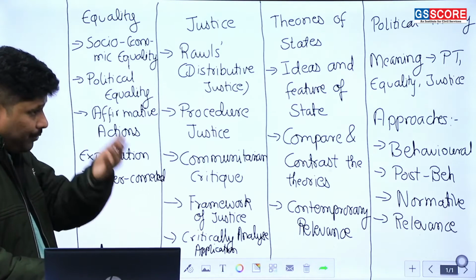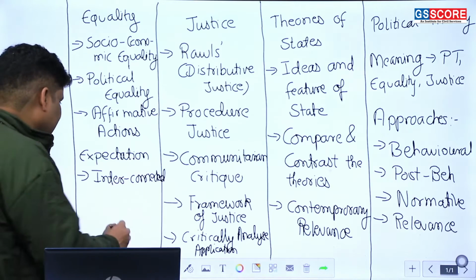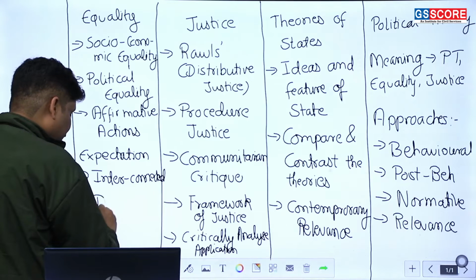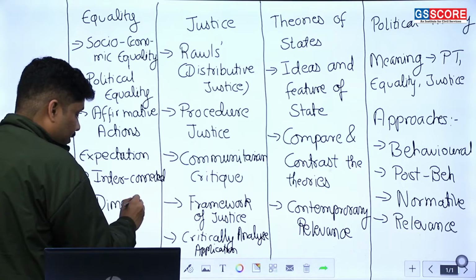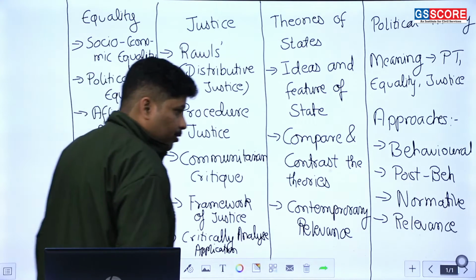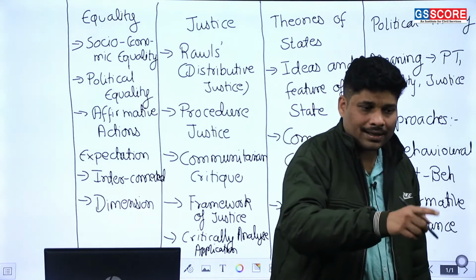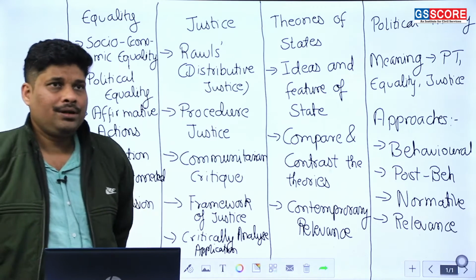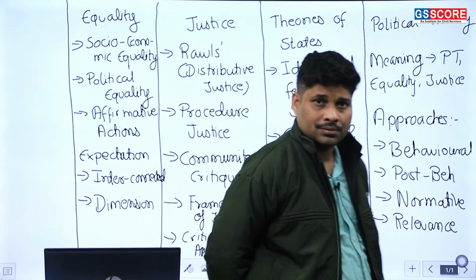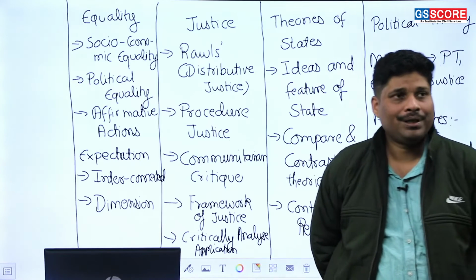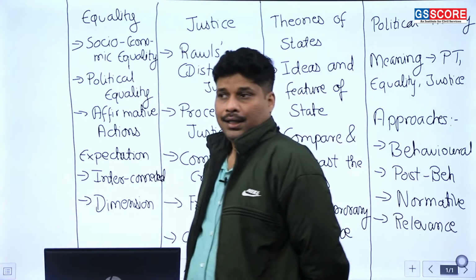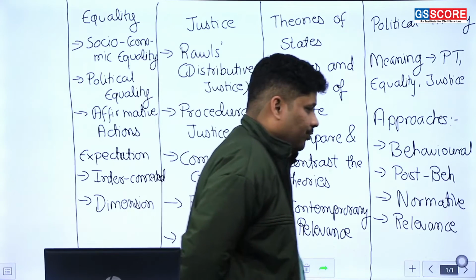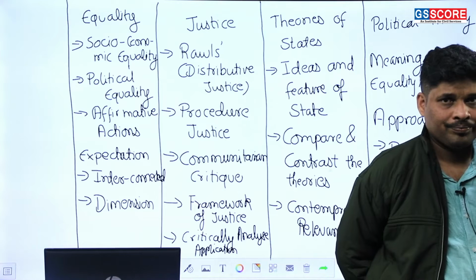Other thing that I also have to take into consideration is dimensions of each of these types of equality. So if I am talking about social equality, then there are dimensions with respect to which I will account for it, for example gender, caste, religion, right? Even in economic equality, there can be dimensions of equality of opportunities, equality of outcomes, right?